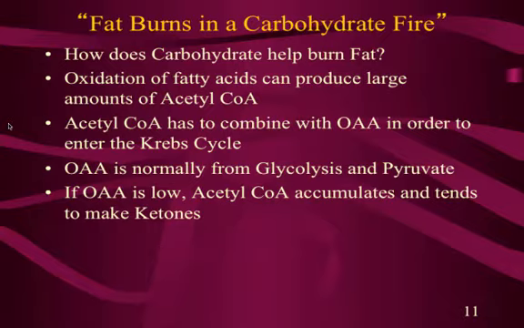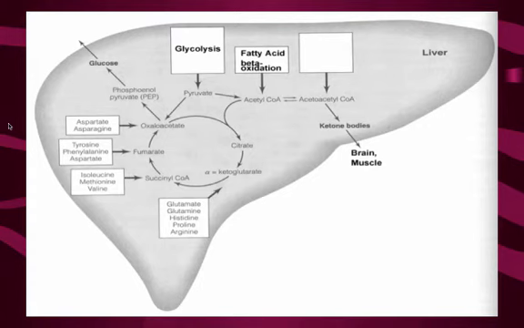Here's something I took out of a sports nutrition text, and it shows that process. Again, not a perfect diagram, but it's fine for us. Here's the liver. Does the liver burn fat? Yep, it burns quite a bit, actually. So beta oxidation occurs in the liver.